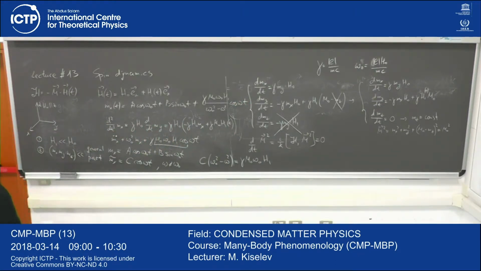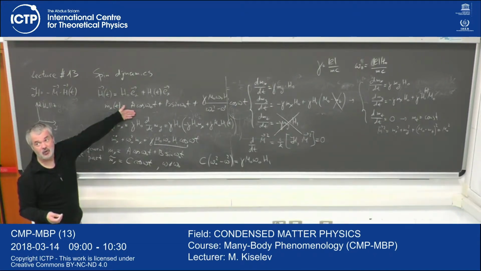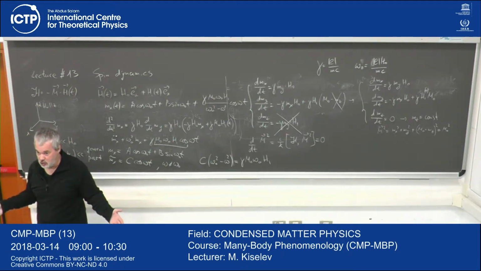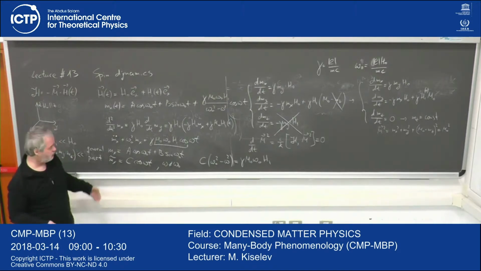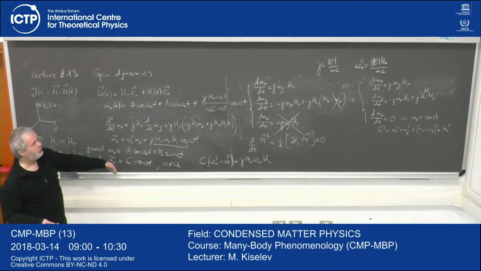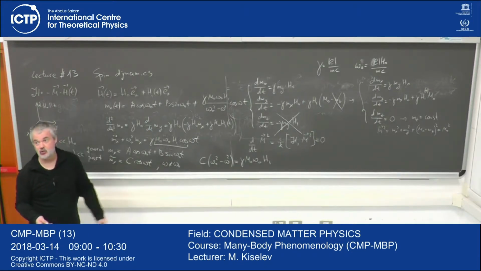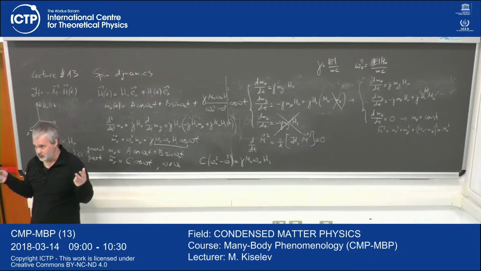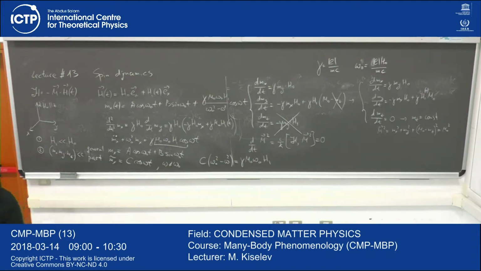If I assume some initial conditions, initial position of the magnetization vector in x and y direction, I have a linear second order differential equation, or initial position of magnetization and initial velocity, then from initial conditions I will define the constants a and b, and then I will find a full solution of my problem. Okay? So this is the way you find it: you find the general solution, you find the particular solution. You still have two constants a and b, so you need two initial conditions, and from the given two initial conditions you find the magnetization.